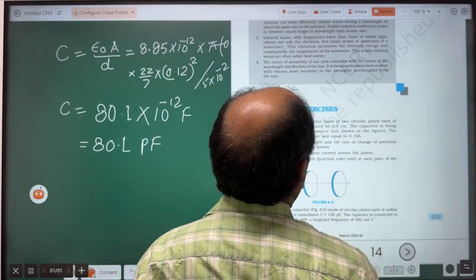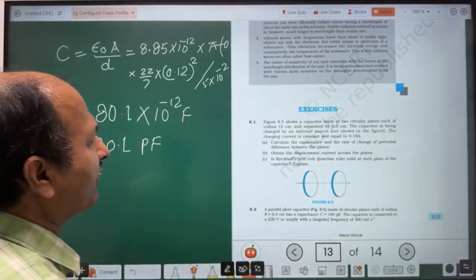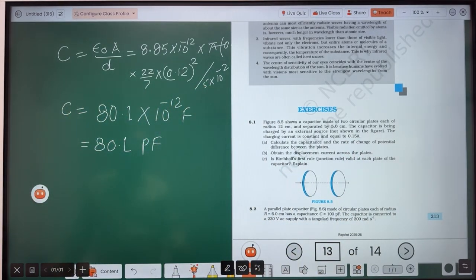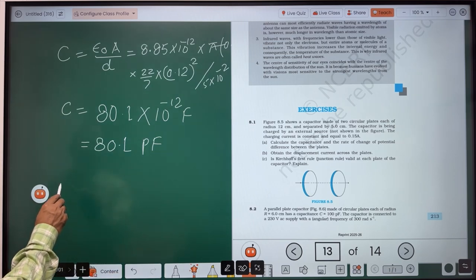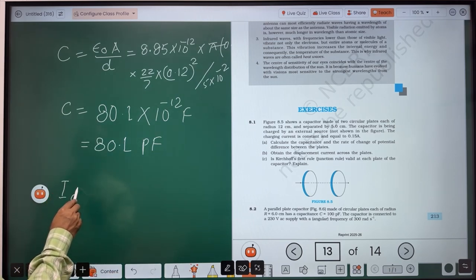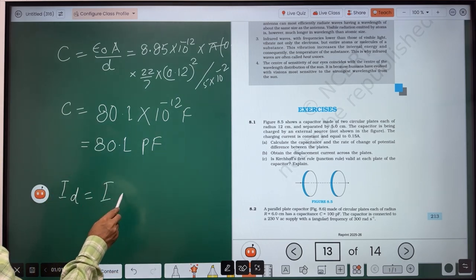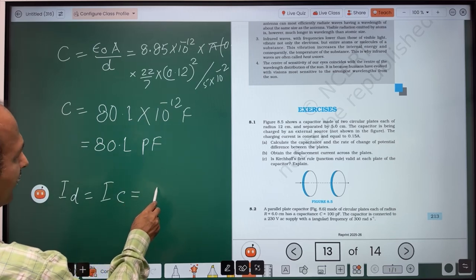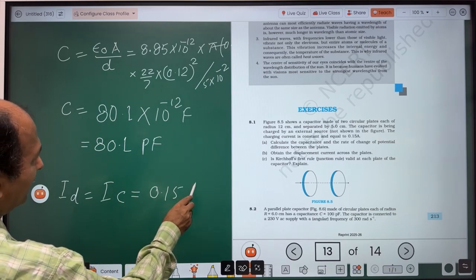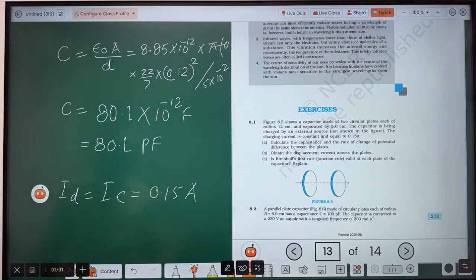Here current is given as 0.15 ampere. So you can say displacement current ID will be equal to IC, which will be the same, 0.15 ampere.